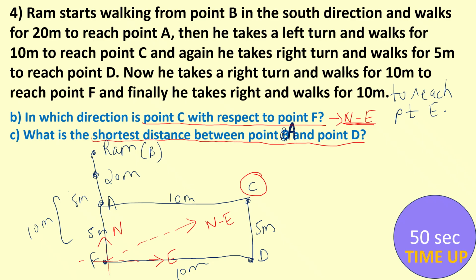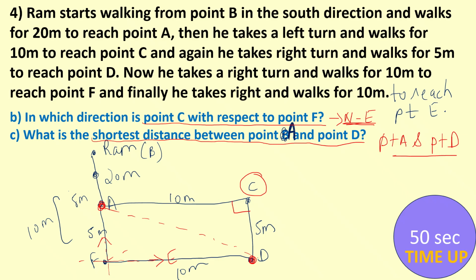Next, what is the shortest distance between point A and point D? They have asked for the shortest distance between point A and point D, correct? So where is point A and where is point D? Your point A is here and your point D is here. So draw an arrow here, and you will get a right angle triangle.